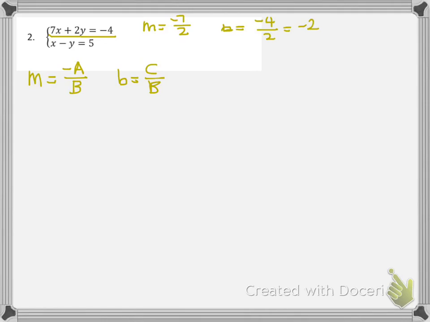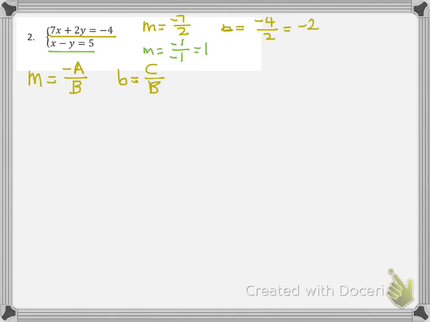Okay, so let's check on this other one. x minus y equals 5. Well, the slope would be the negative a value, which is 1, over our b value, which is negative 1. So our slope is 1. And I can stop right here because I can see that the slopes are different.